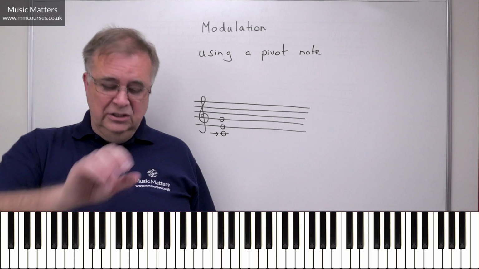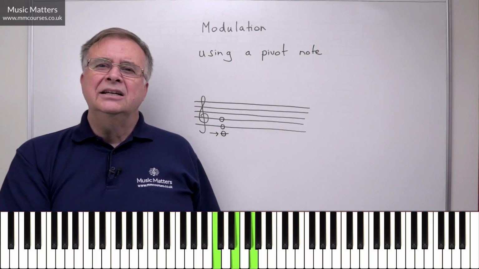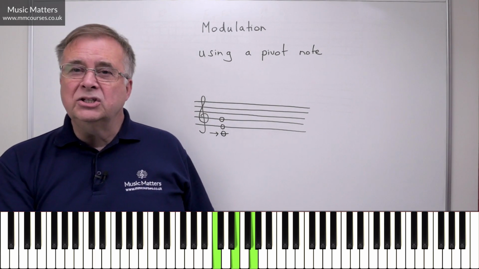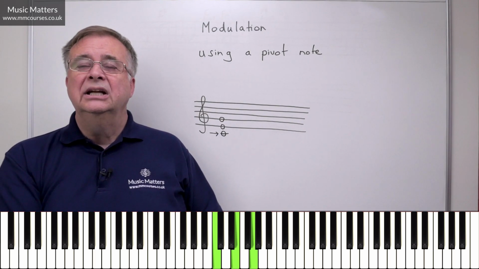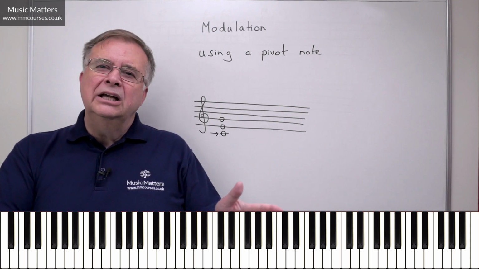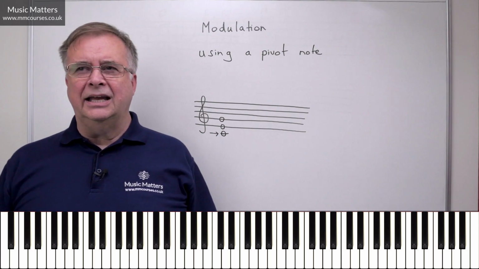So I go into a chord like this in C major, which is chord 1, and then I say, well, actually, I'll call that chord 4 in G major, which it is, so that's a pivot chord. And having used that chord, I then carry on in G major. So it's a way of transitioning smoothly from one key to the next.